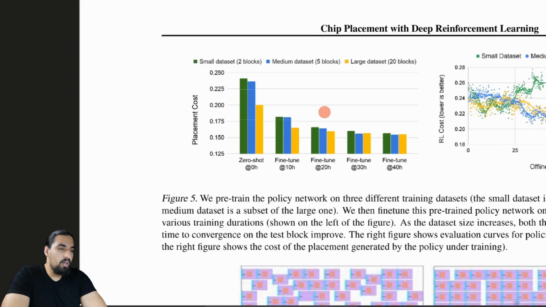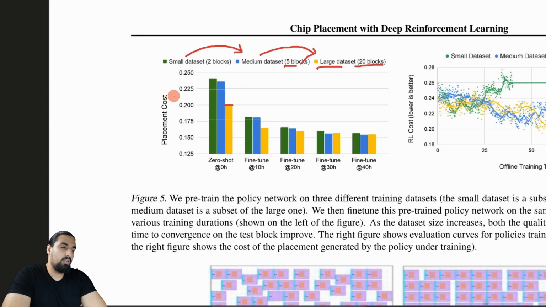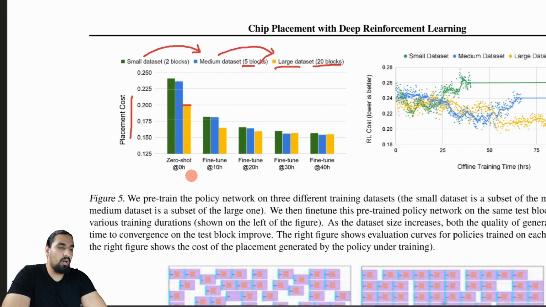Here they compare datasets. I mentioned the largest one, the one that has 20 blocks, but they also trained on the medium one, which is a subset of this one, and they also trained on the small one, which is a subset of the medium one. So again, you can see that going to more data gives you lower placement costs.